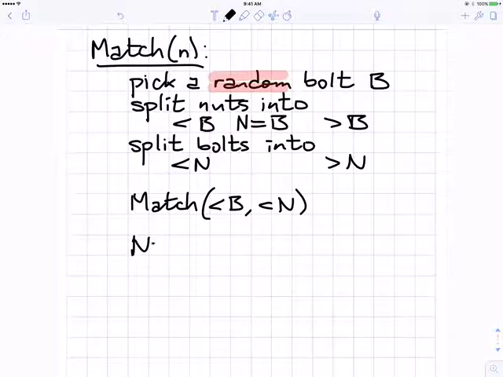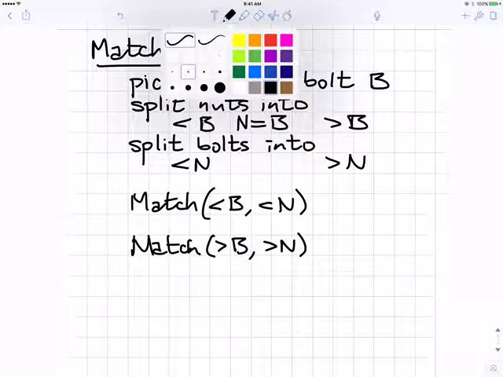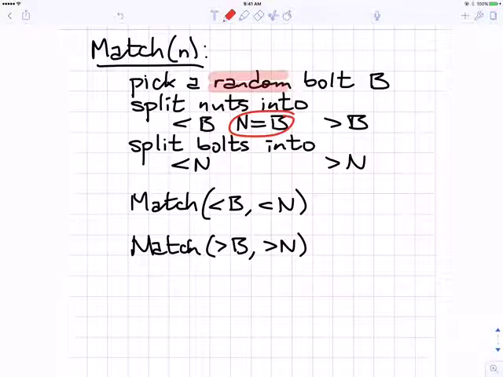And I'm going to recursively match all the nuts that are bigger than b and all the bolts that are bigger than n. Okay, so I found one match here. When I recurse on the smaller things, I'll find all the matches there. When I recurse on the bigger things, I'll find all the matches there.